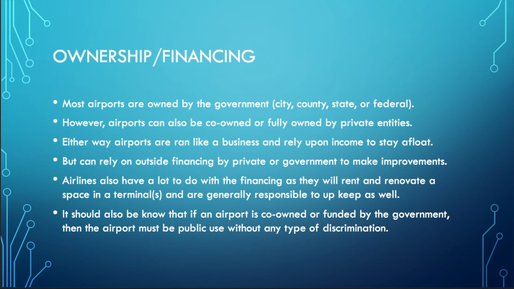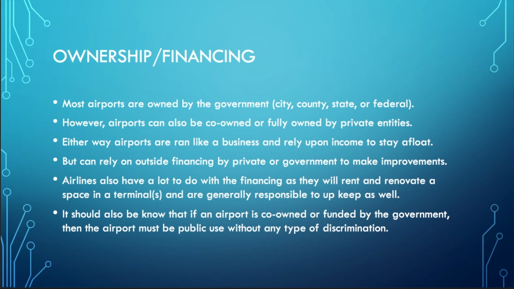Just think of British Airways and their first class terminals that they have over in Heathrow or even here in JFK. It should also be known that if an airport is co-owned or funded by the government, then the airport must be for public use without any type of discrimination.